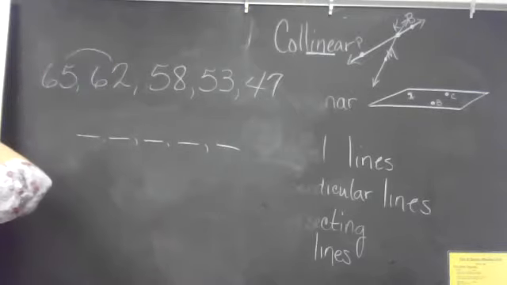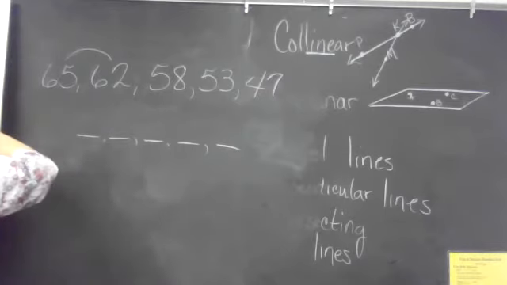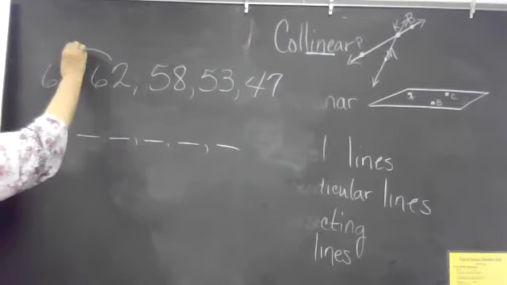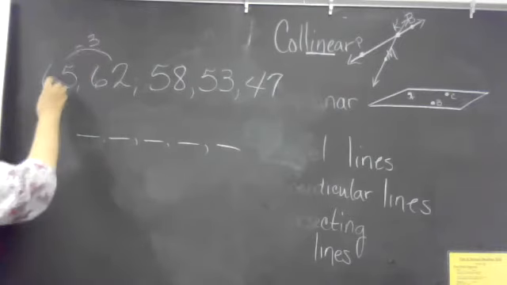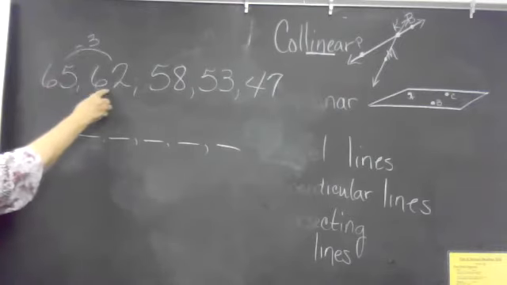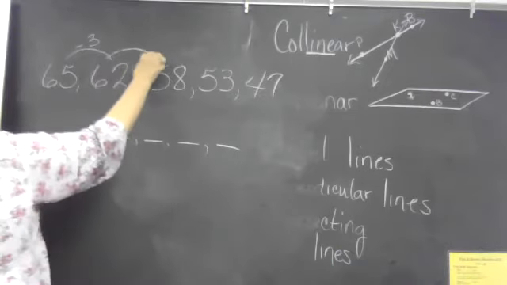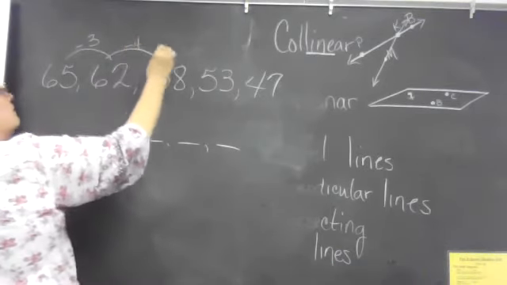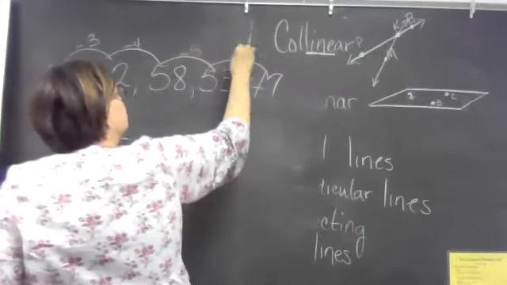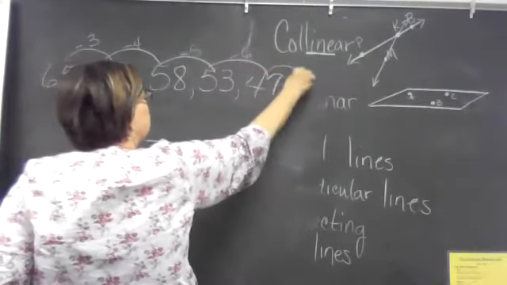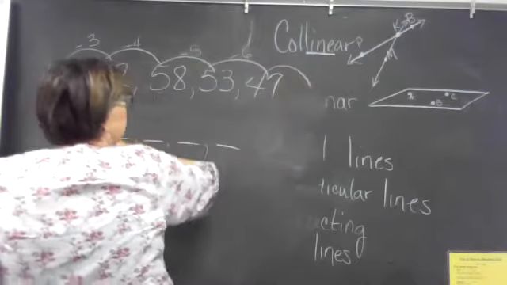So 46, 3, 4, 5, 6, 7. So we're minusing 7 from 47. Is that right? Right, left to right. And then we're going 4, 5, 6. Yes, then we minus 4 here. Then we minus 5 here. Then 6 here. So to get to this one, what am I going to have to do?